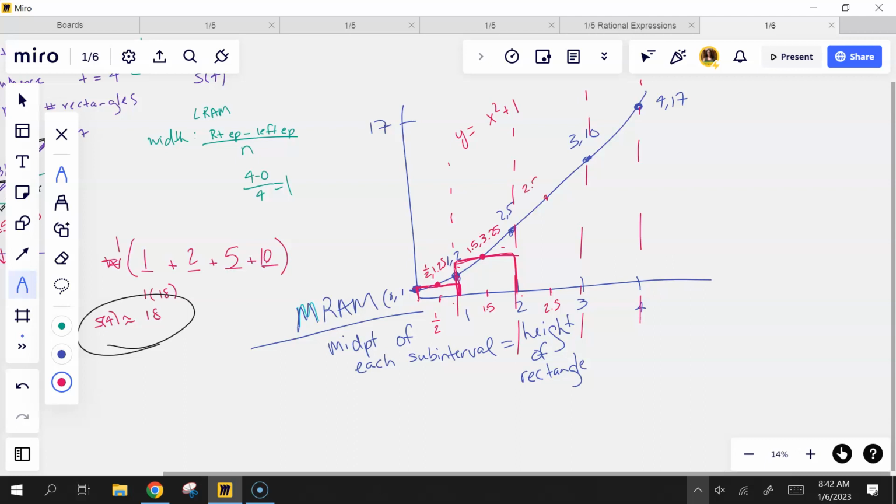This is 2.5, and has anybody done that one? 7.25, thank you. And again, here is my rectangle. Then the last rectangle, I'm going to go from 3.5, halfway between. Here's the point. Thank you. And here's my rectangle.